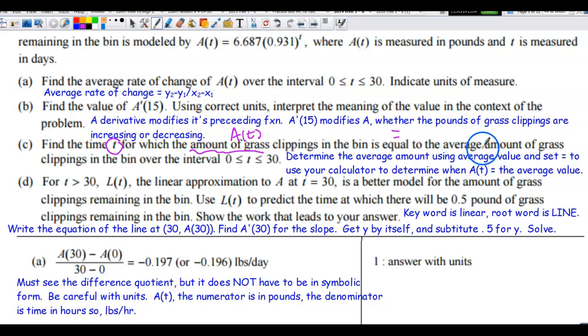In my class, we always say the average value of the amount of grass clippings from 0 to 30. So average value is 1 over 30 minus 0 times the integral from 0 to 30 of A of t dt. We're going to use the calculator to produce this number, and then figure out with our calculator where A of t is equal to that number.